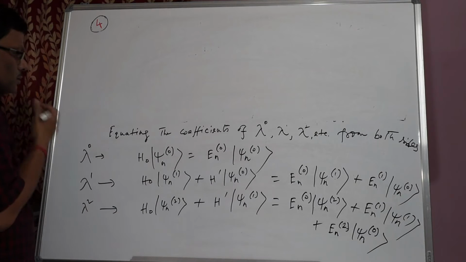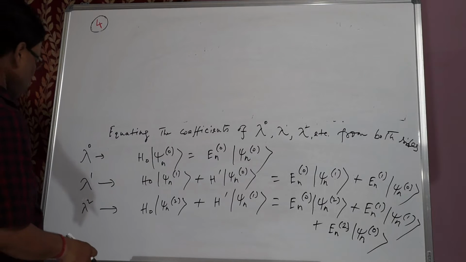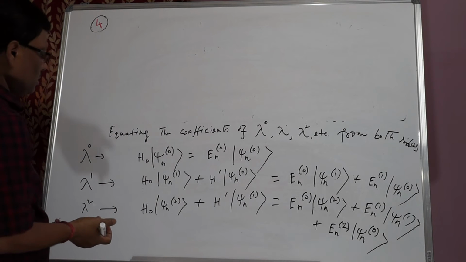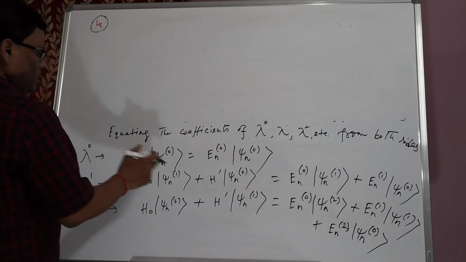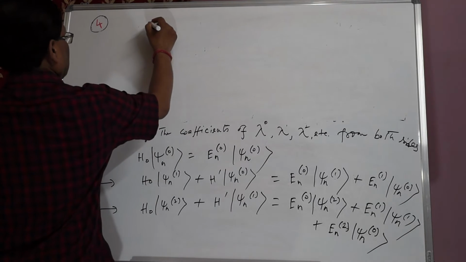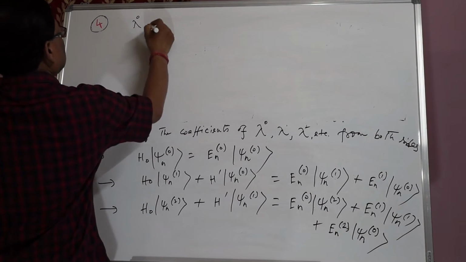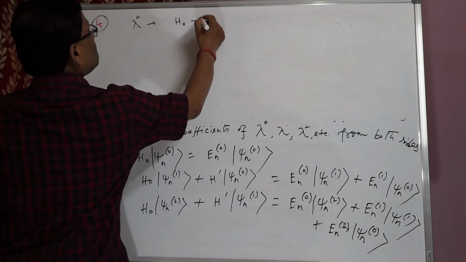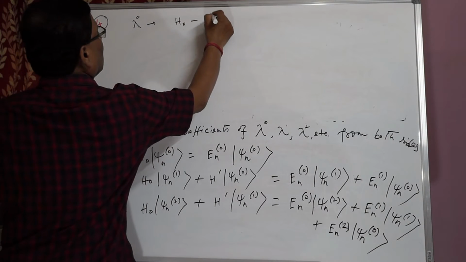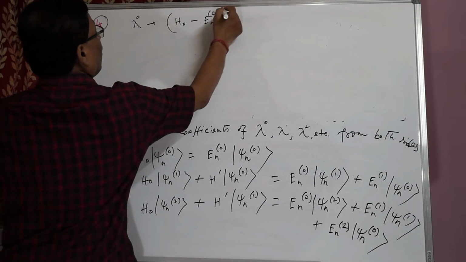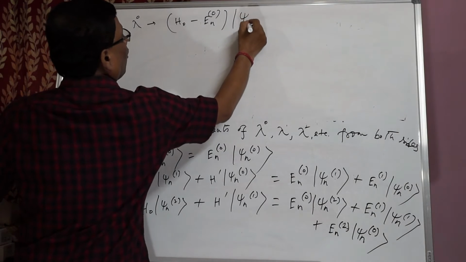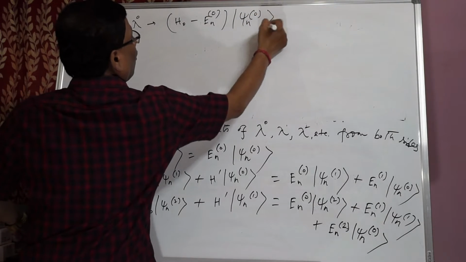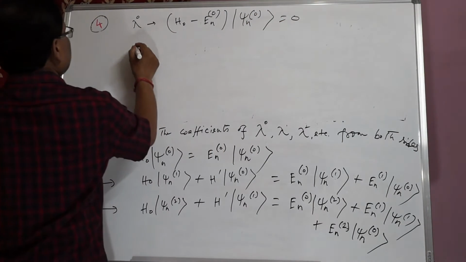So we can derive these three expressions or equations in a more handy way. So I can write for lambda 0, H0 minus En0 psi n0 equal to 0.